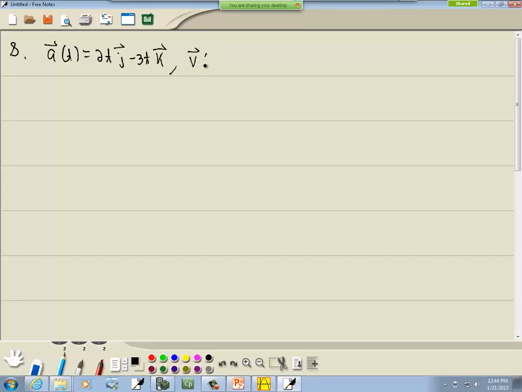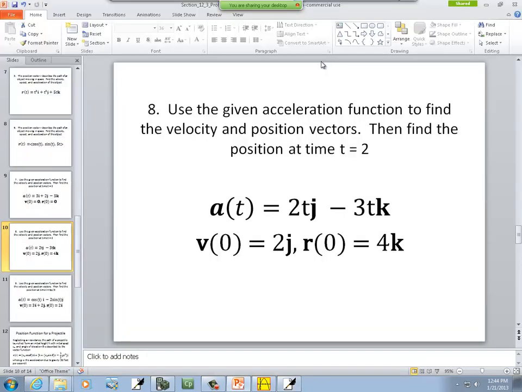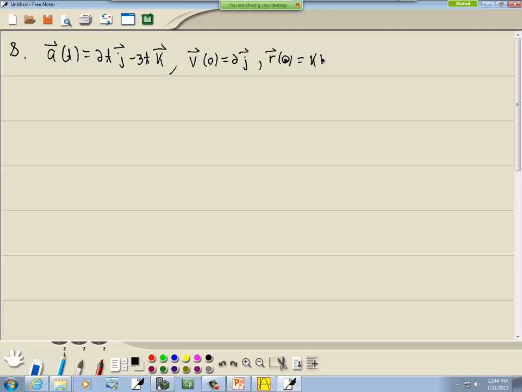Our velocity vector at 0 is equal to 2j, and our position vector at 0 is equal to 4k. Okay, so let's go backwards to find our velocity vector.